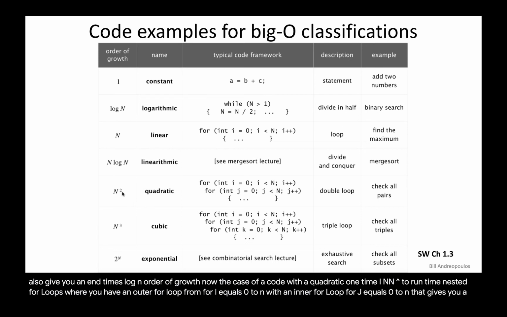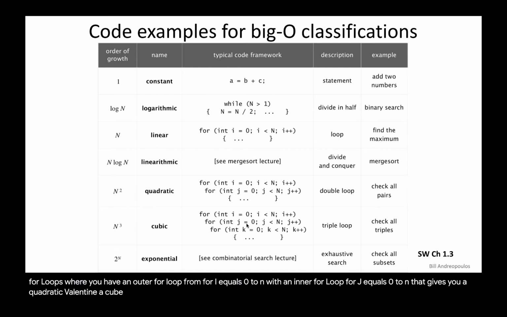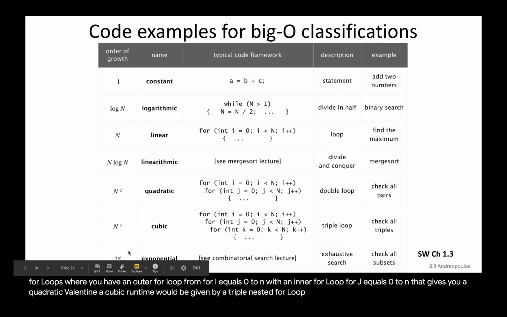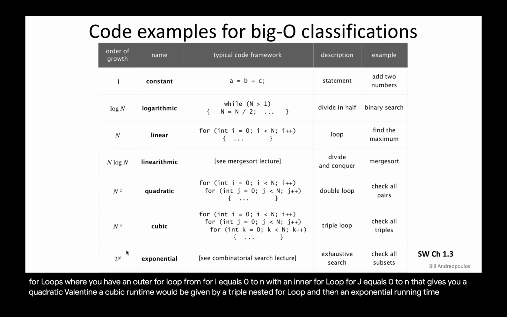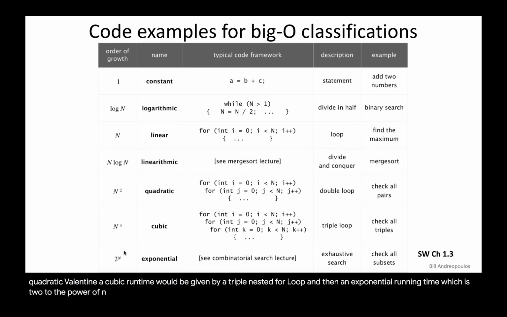A cubic runtime would be given by a triple nested for loop, and then an exponential runtime, which is 2 to the power of n, would be given by algorithms that perform an exhaustive search. Obviously, exponential runtimes are not desirable ones.